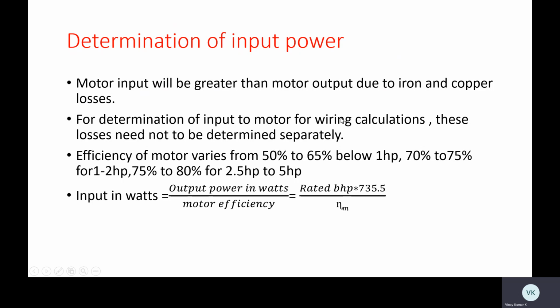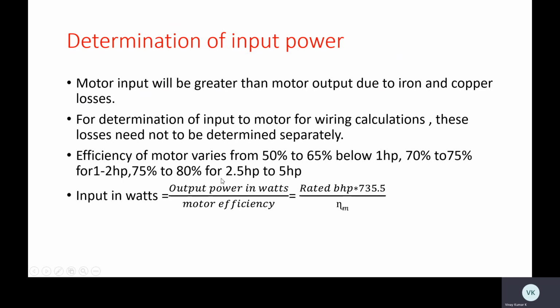For less than 1 HP motors, the efficiency varies between 50 to 65%, and for 1 to 2 HP motors, the efficiency may be higher. As HP increases, the efficiency also increases, that is around 70 to 75%. And for 2.5 HP to 5 HP motors, efficiency varies between 75 to 80%.